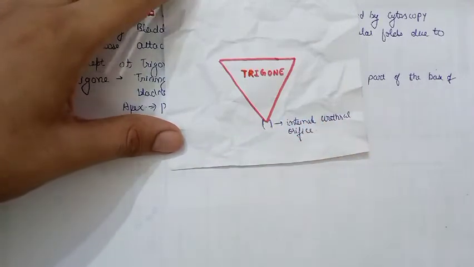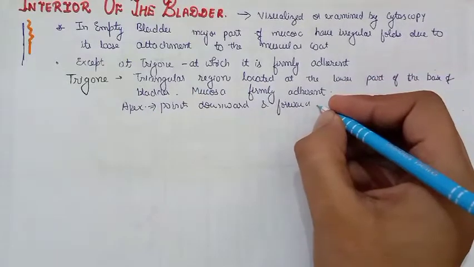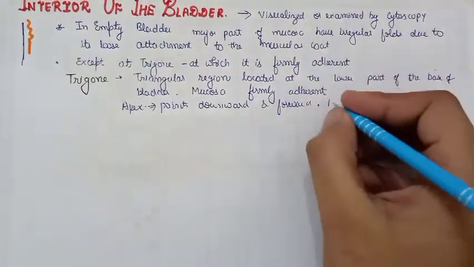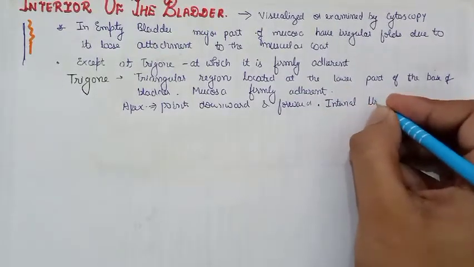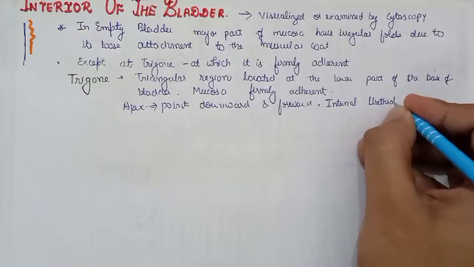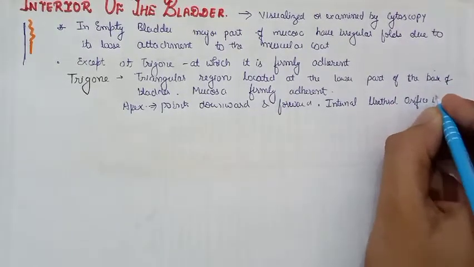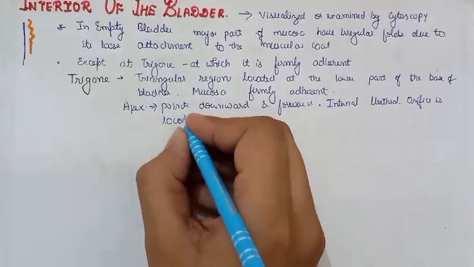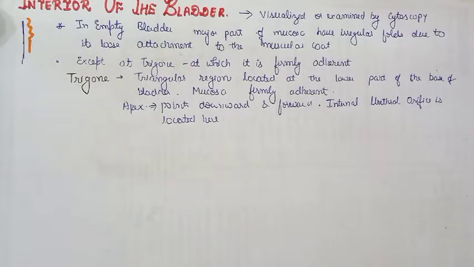Internal urethral orifice. So let us write it down here as well. At the apex, the internal urethral orifice is located here. That's all about the apex of the trigone.